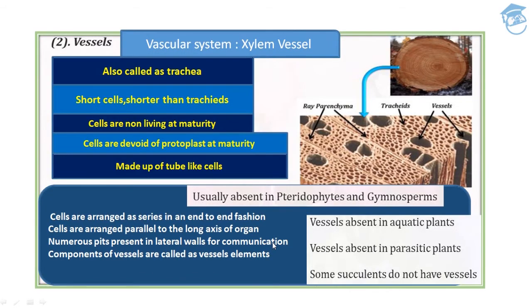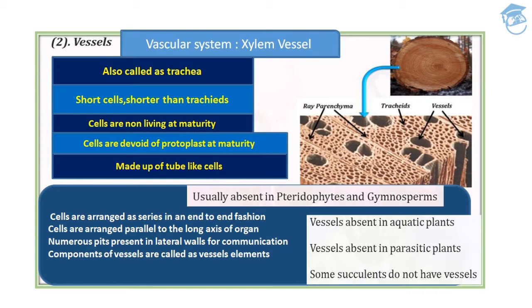Now we'll talk about another cell of xylem, and that is the xylem vessel. Xylem vessel is also called trachea. They are shorter cells than tracheids, which we have just studied. Cells of a vessel are non-living at maturity and devoid of protoplast at maturity.